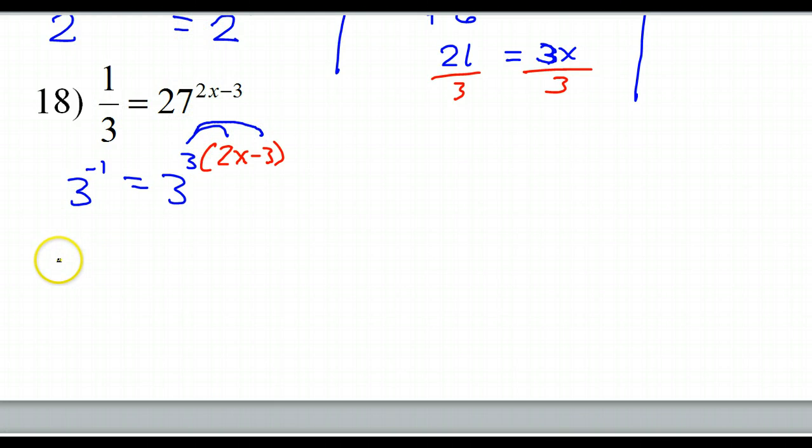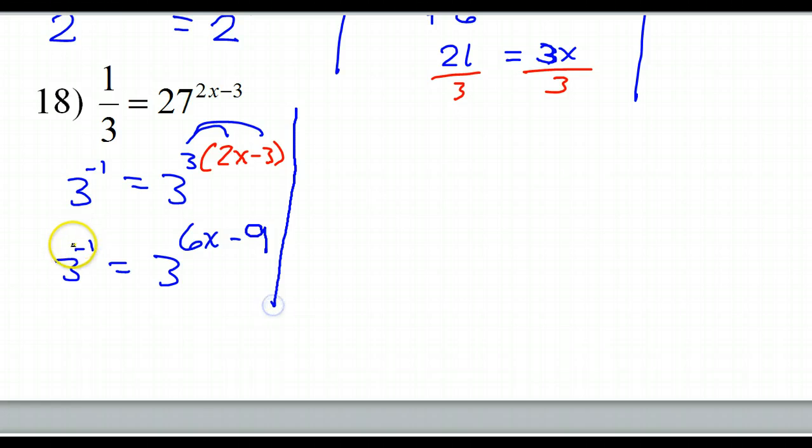So that's going to give me 3 to the -1 power equals 3 to the 6x. Why did I put 9? I said 6 and wrote 9. So 3 times 2, so I got 6x minus 9. Now that the bases are the same, I know that these exponents will be the same. Meaning, -1 should equal 6x minus 9.